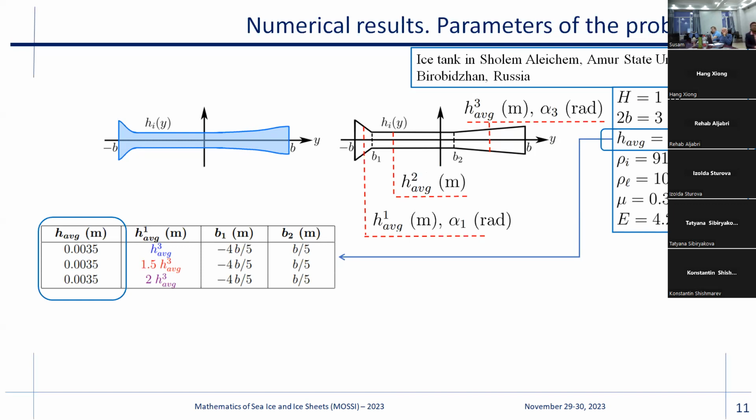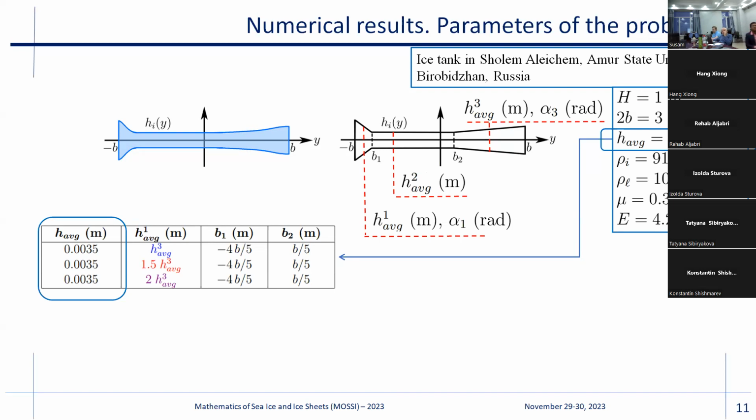And we considered 3 different cases of calculations marked by different colors. These cases are when the average thickness on the left segment is equal to, or 1.5 or 2 times larger than, the average thickness on the right segment.